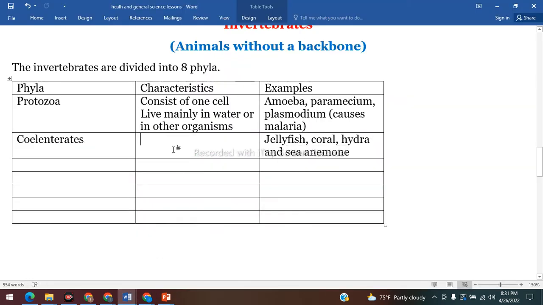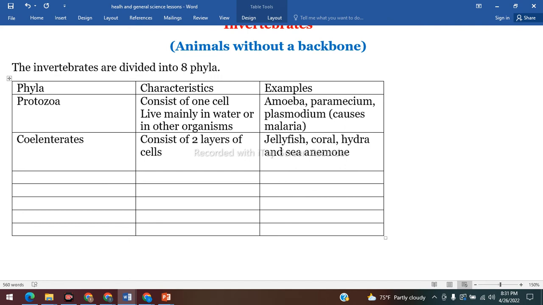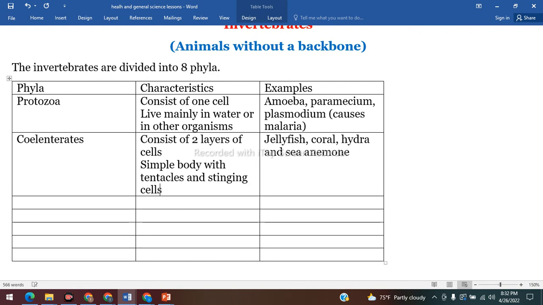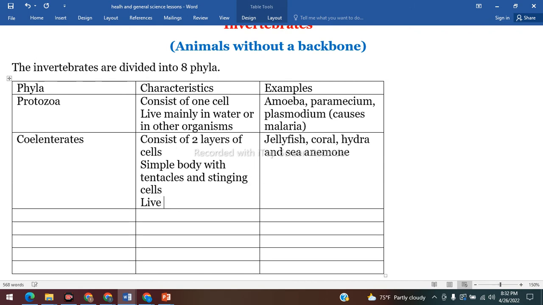The characteristics are that they consist of two layers of cells. They have a simple body with tentacles and stinging cells. And of course, they live in the water. So that's our Coelenterates.